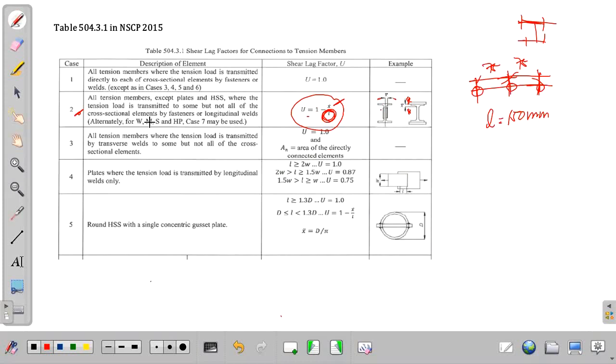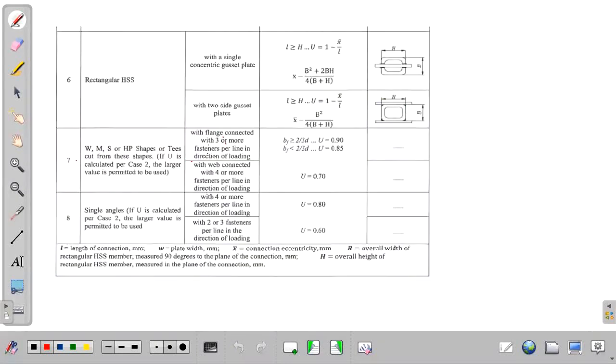Okay? So for case 2, alternately for W, MS, and HP, case 7 may be used. So we need to solve the U using case 2 and also using case 7. Okay?